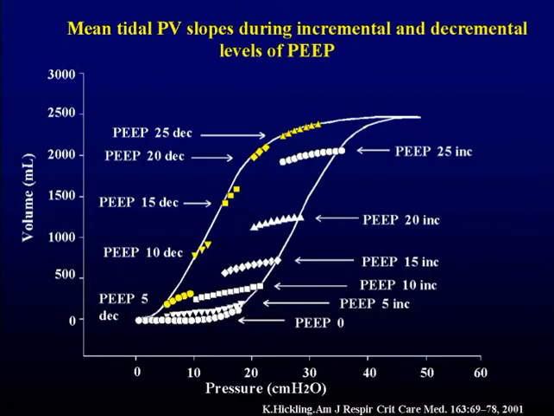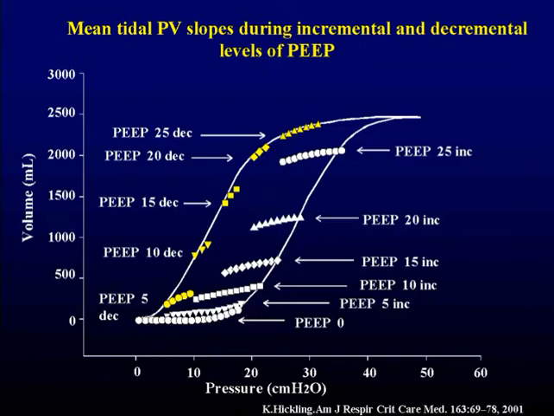This has been nicely shown by a recently published article by Hickling in the American Journal of Respiratory and Critical Care Medicine, in which, on a mathematical model, he systematically studied the behavior of the tidal PV slope, that is compliance, during an incremental PEEP trial, that is along the inflation limb of the pressure-volume relationship, and compared it with a decremental PEEP trial, that is on the deflation limb of the volume-pressure relationship after inflation, that is after a recruitment maneuver.